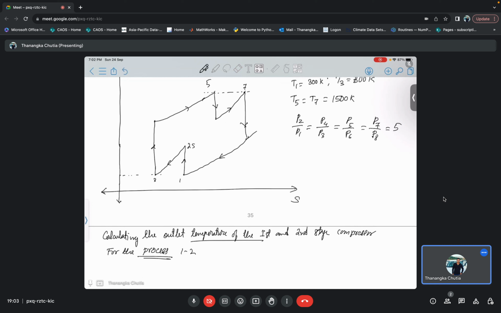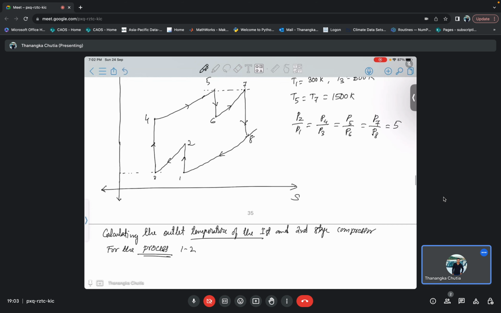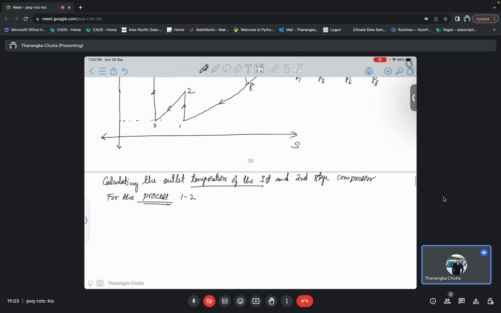This is 2s. For the process 1 to 2, T2 divided by T1 is equal to P2 divided by P1 to the power gamma minus 1 divided by gamma.